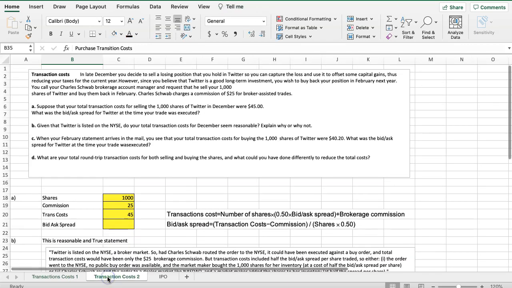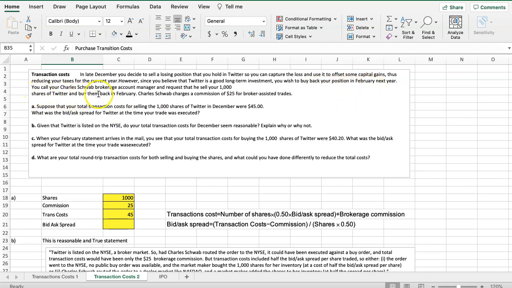Okay. Question 2, transaction cost question 2. So here we have decided to sell a losing position in Twitter, and you can capture the loss to use it to offset some capital gains, reducing your taxes for the year. You believe Twitter is a good long-term investment. You wish to buy back your position in February.